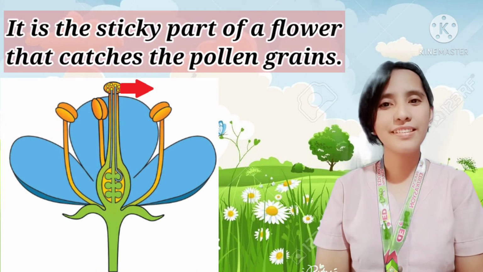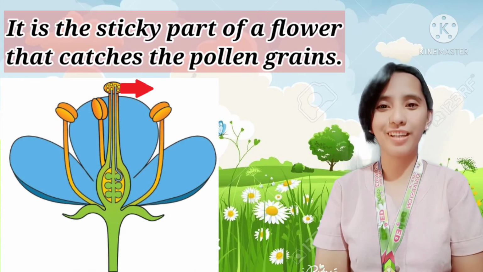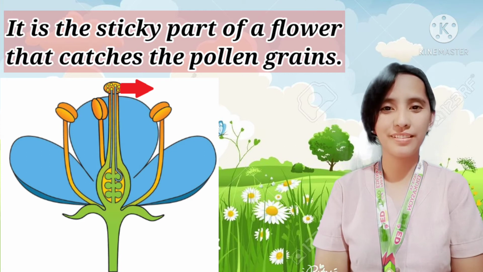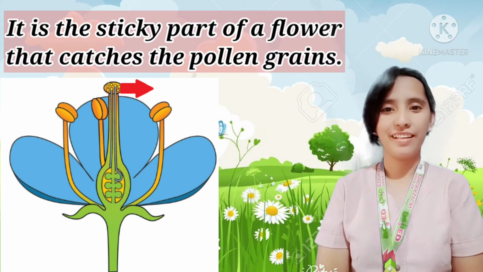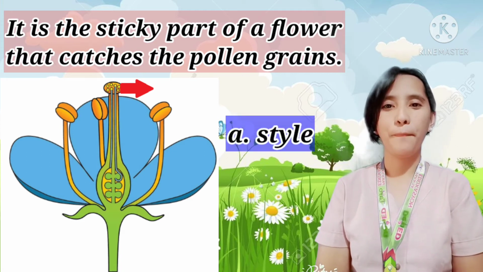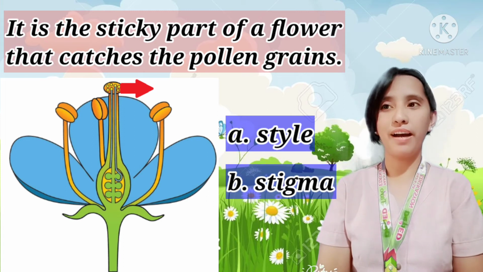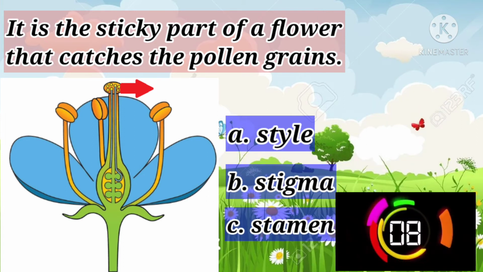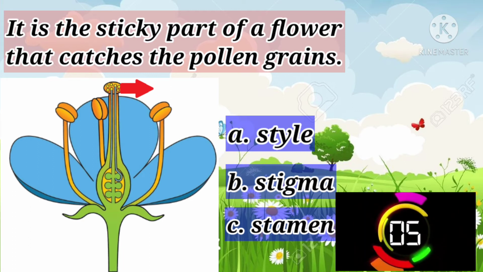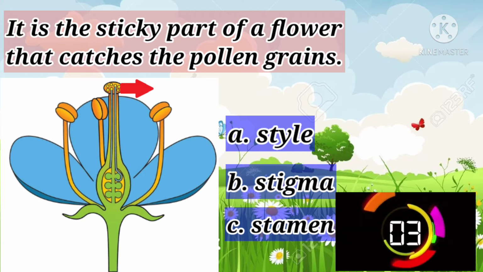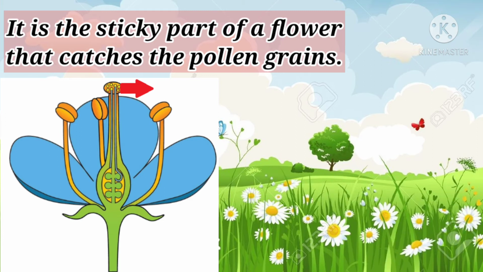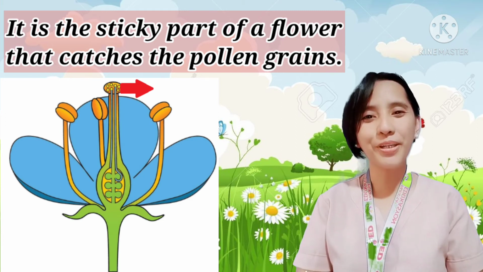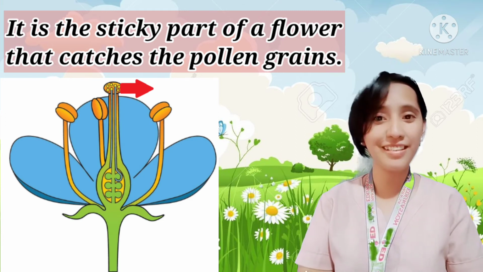It is the sticky part of the flower that catches the pollen grains. Letter A. Is it style? B. Stigma, C. Stamen. Very good. The correct answer is stigma.